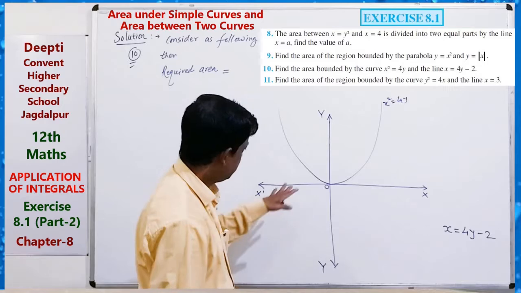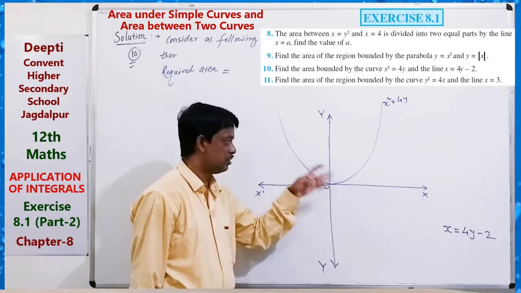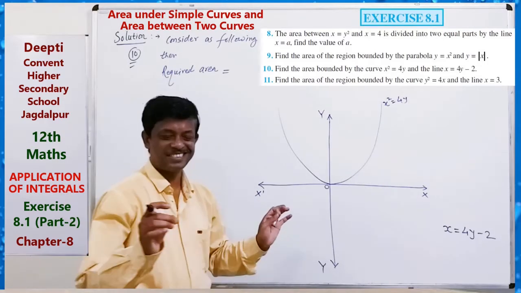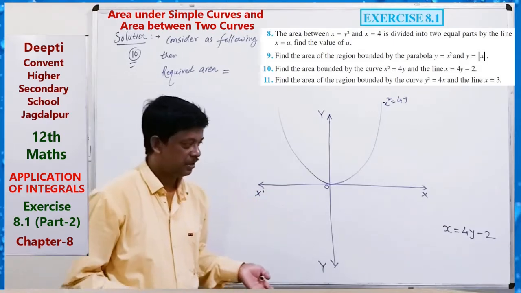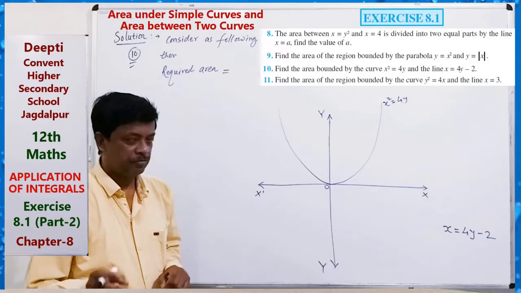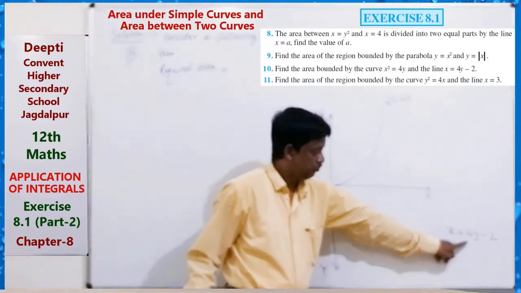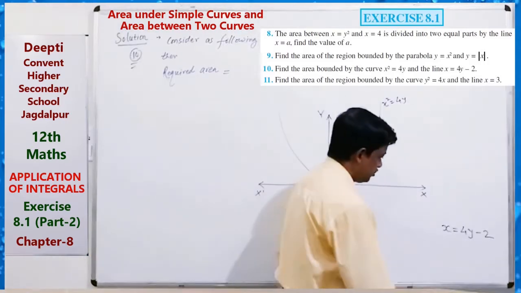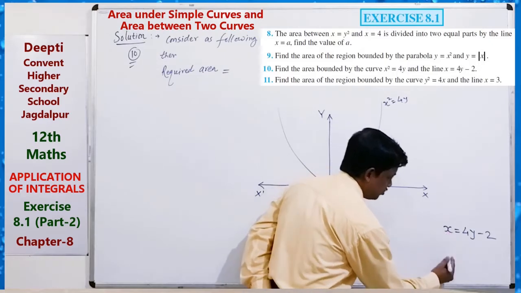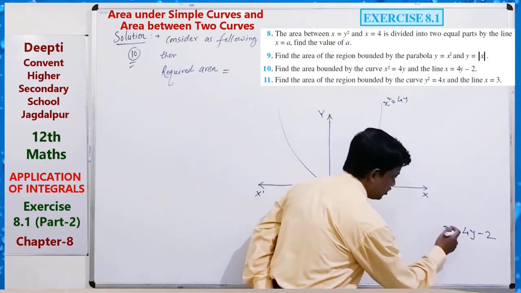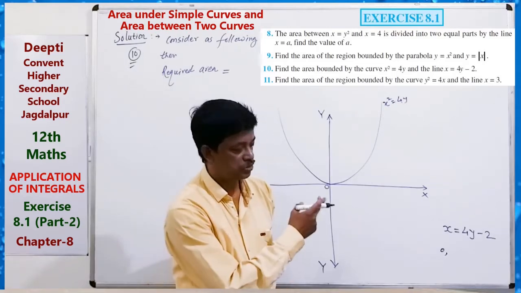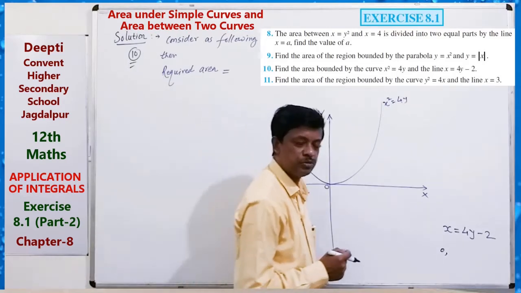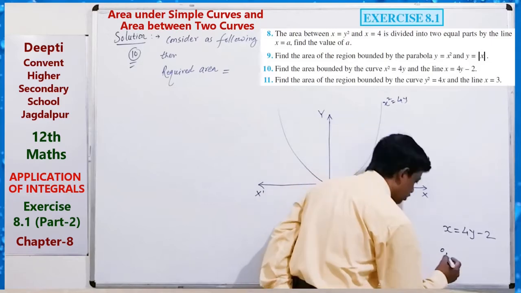We know in this xy plane, we can draw a straight line by taking 2 points on the line and joining them. Here, when x equals to 0, then 4y equals to 2, y equals to 2 by 4 means 1 by 2.